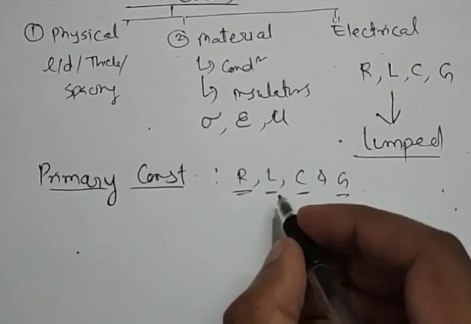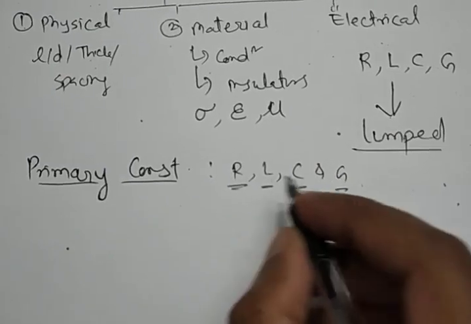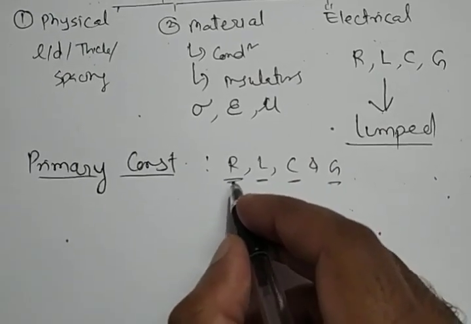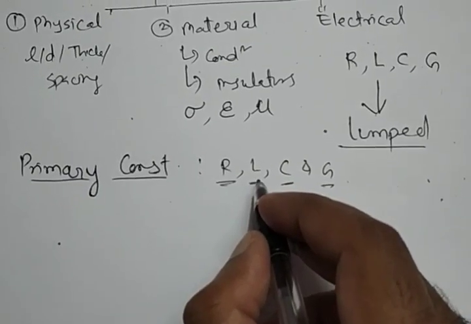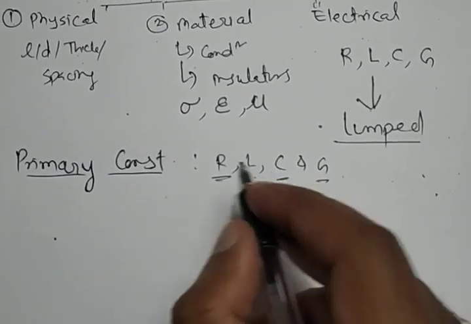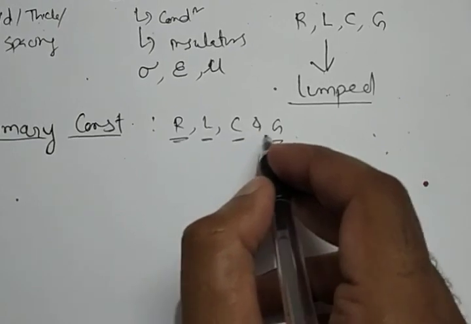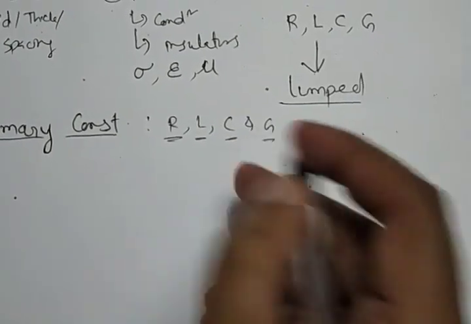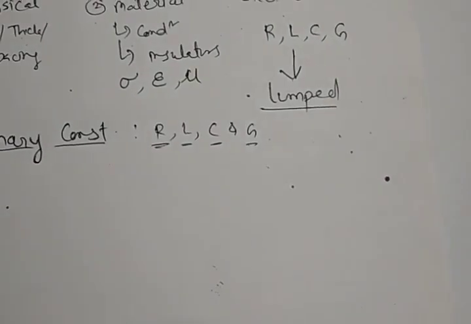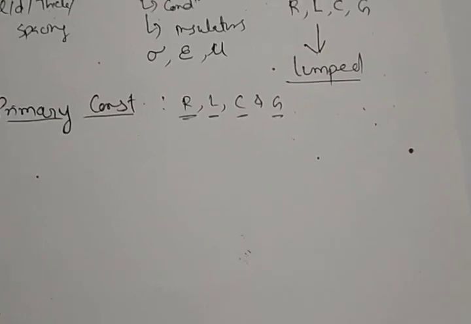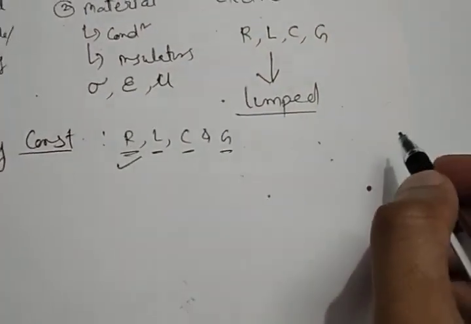These primary constants are not expressed only in ohms or henries. They are in terms of meters. So resistance we consider in ohms per meter, and L in henries per meter. Similarly, all those parameters we consider per meter, as distributed parameters. All of them have their routine meanings.